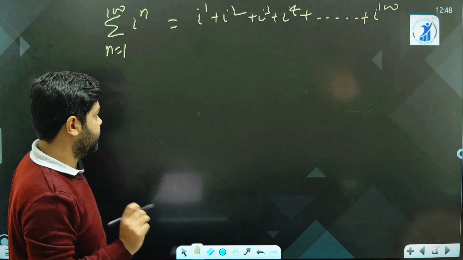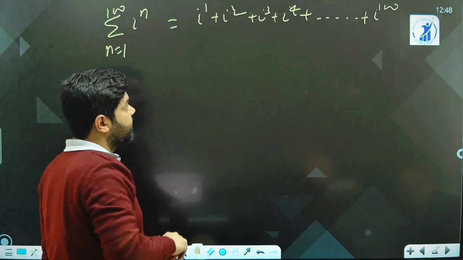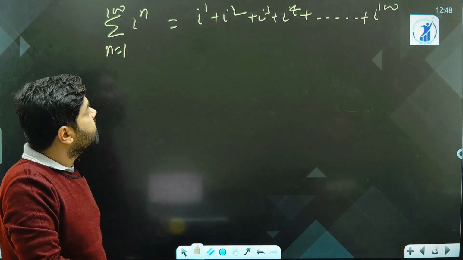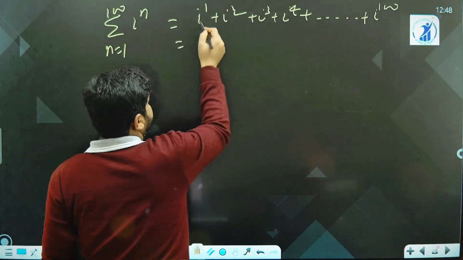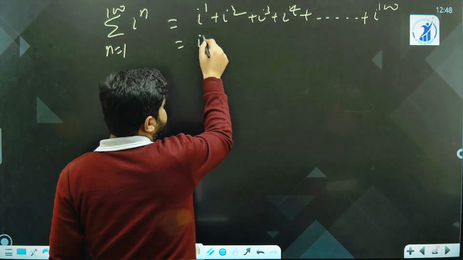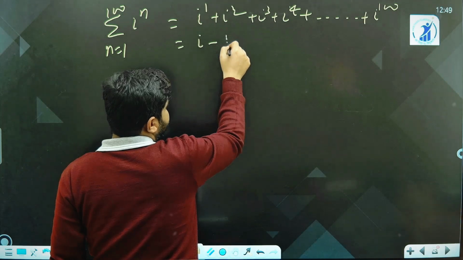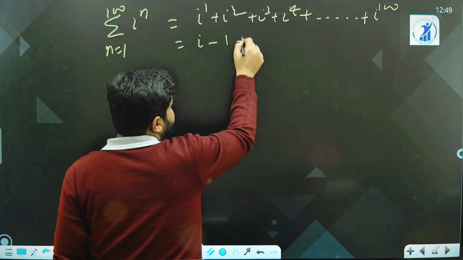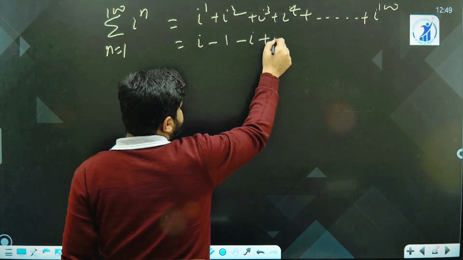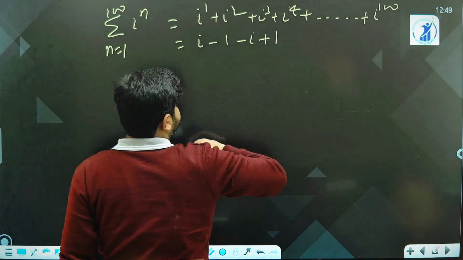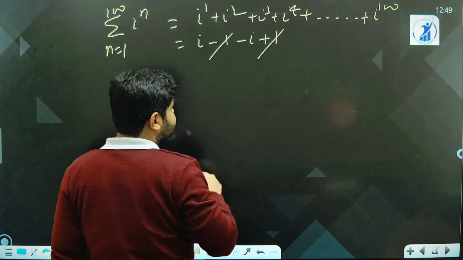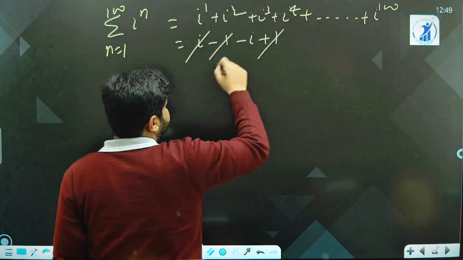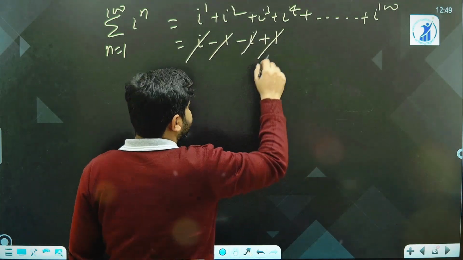As you know, in the first four terms, iota, iota square is equal to minus 1, iota cube is equal to minus iota, and iota to the power 4 is equal to 1. Here 1 plus 1 minus 1 will cancel out, and plus iota minus iota will cancel out.